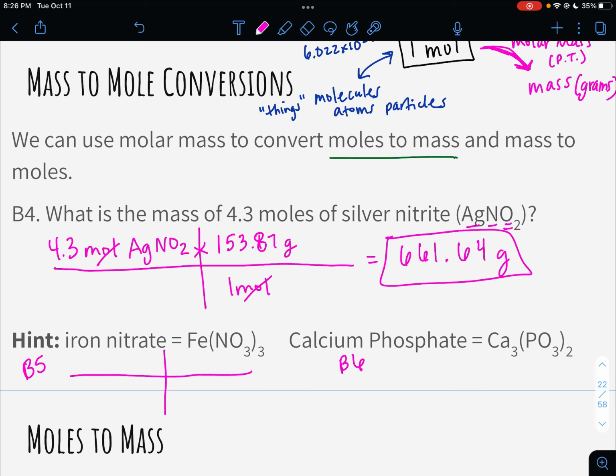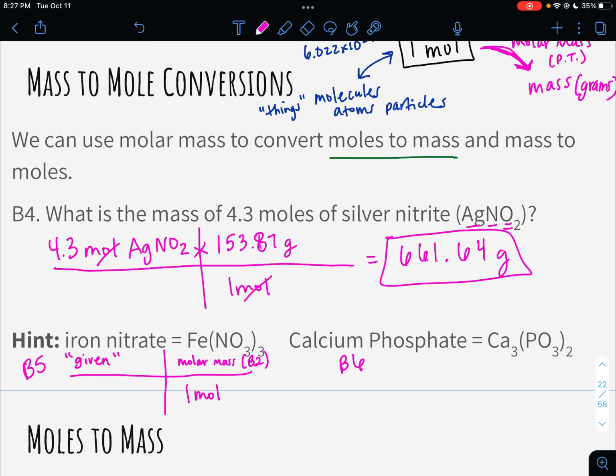We put what you start with, what you're given here, and then since we're given moles, we know we want 1 mole on the bottom. Then we put our molar mass at the top. Whatever you got for B2 is your molar mass for iron nitrate.